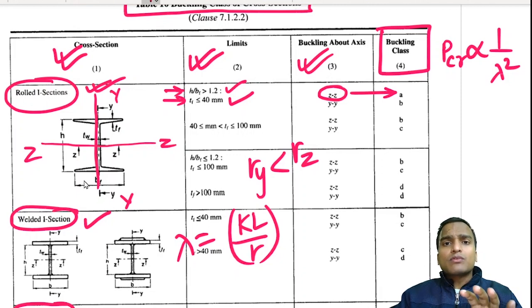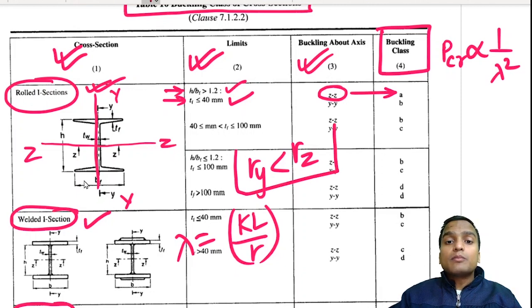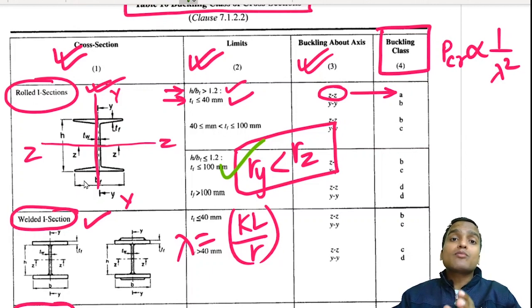We are going to calculate the minimum possible compressive strength, so we have to check for the maximum value of lambda. The maximum slenderness ratio will be there at the minimum value of radius of gyration. So which radius of gyration do we choose, Ry or Rz? Most of you will agree that we will select Ry, because Ry is less than Rz, and that's why buckling will occur most of the time along the YY axis, not the ZZ axis.